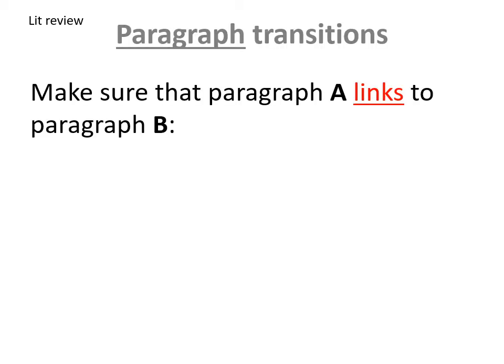Paragraph transitions are in some ways similar to sentence transitions, in that you need to have some kind of linkage as you travel from one paragraph to the next. We want to make sure that the first paragraph, paragraph A, links to paragraph B. Here's an example.